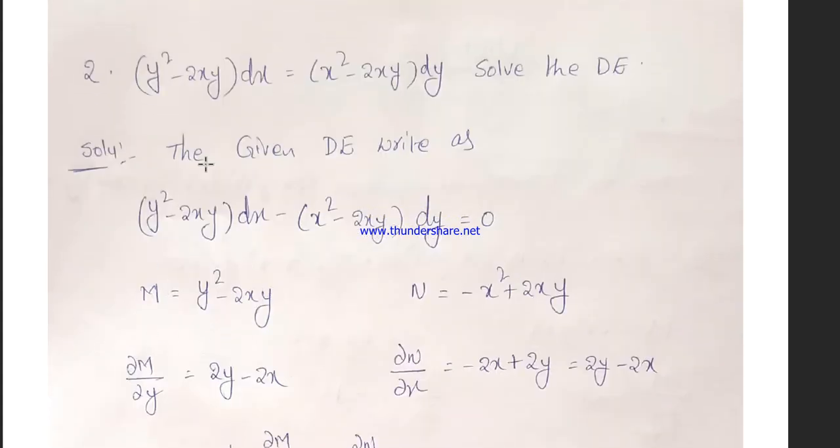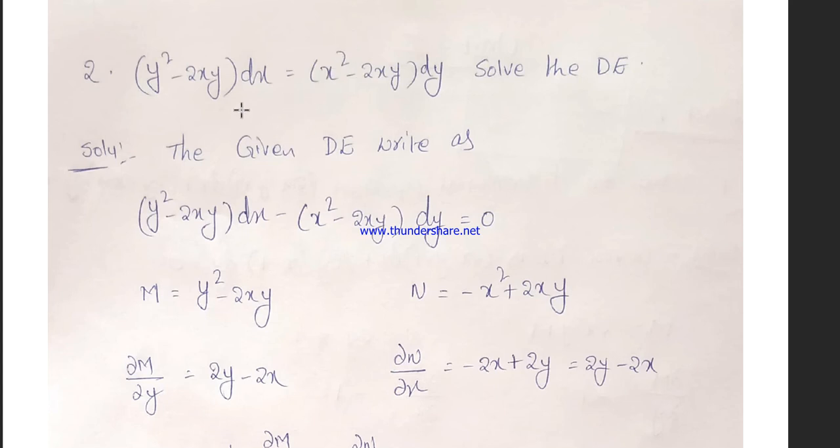Next example is (y square minus 2xy) dx equal to (x square minus 2xy) dy. Solve the differential equation. Here it is not in the form of M dx plus N dy, but we have a possibility to write it in that form.